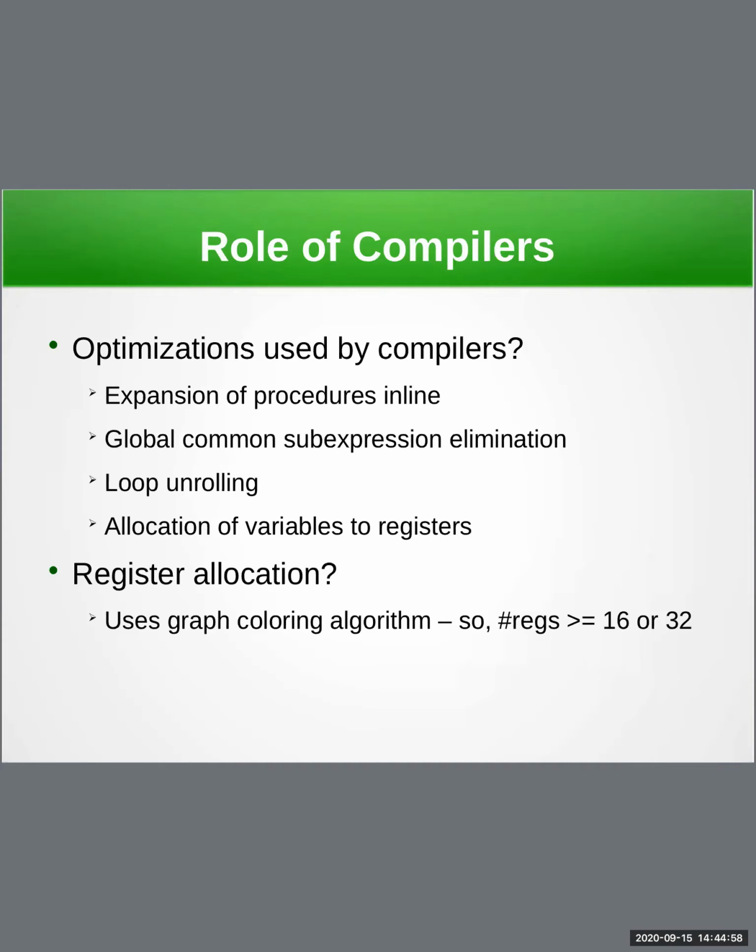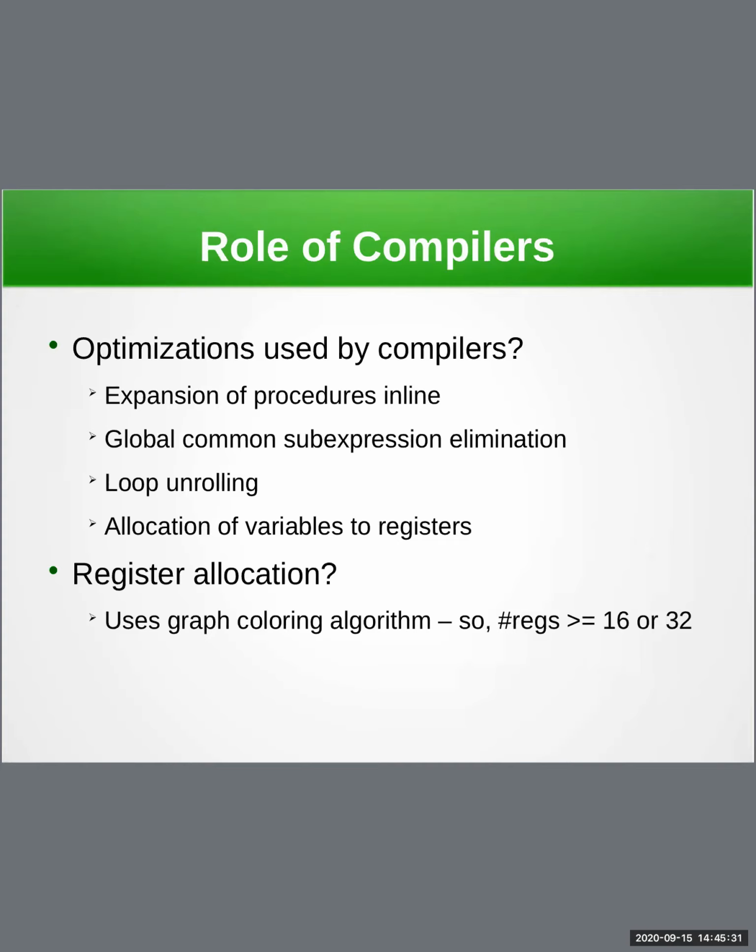What do we mean by that? Which variables will be stored in the registers is done by using the graph coloring algorithm. Okay. It's something that I asked, but people are not familiar with this algorithm, how the register allocation is mapped to graph coloring, and I obviously haven't had the time to explore it.